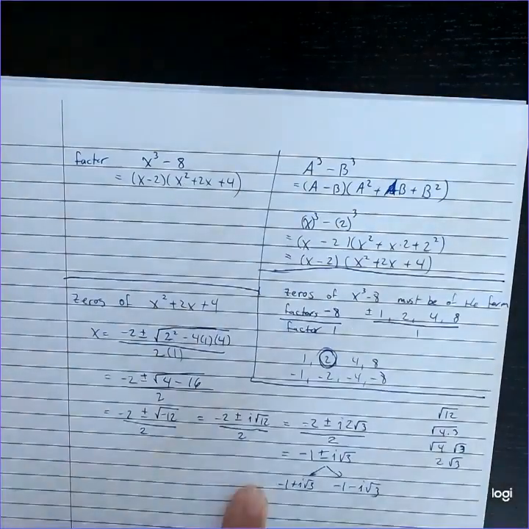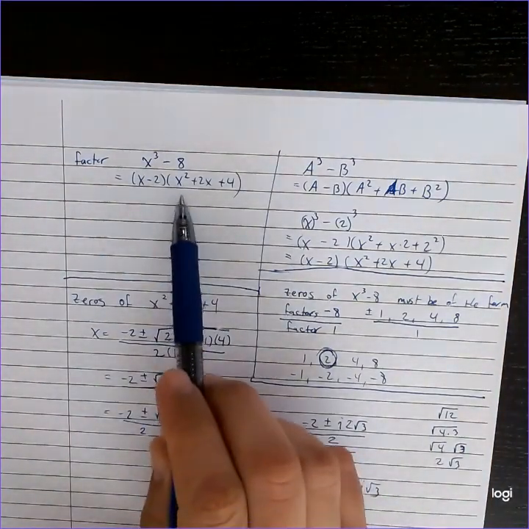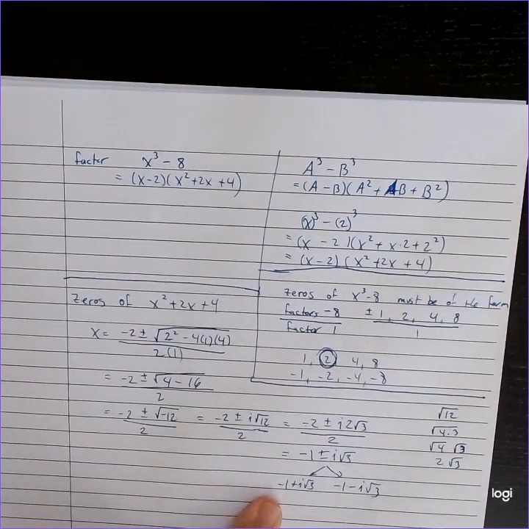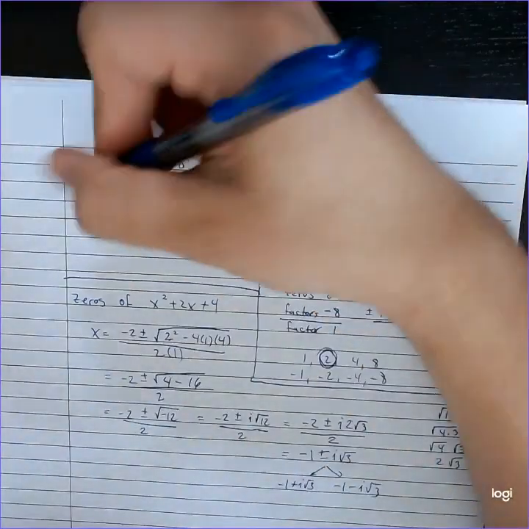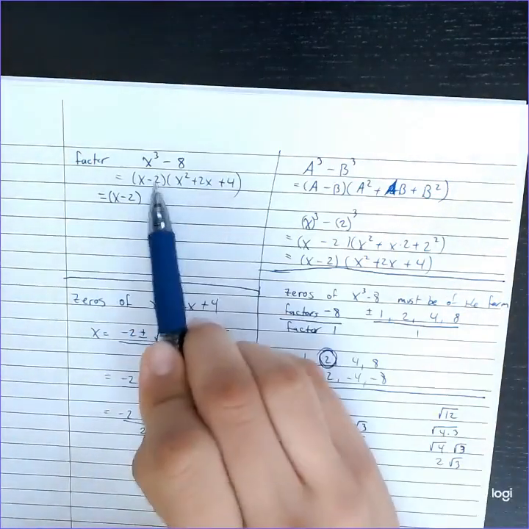So if these are the zeros of my quadratic, then x minus these numbers gives me the factors of my quadratic. So coming up over here, I can write this as x minus 2. I just bring that down.